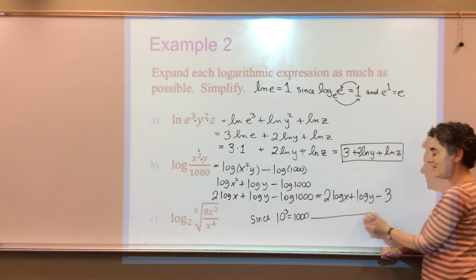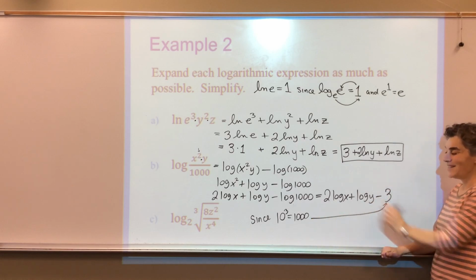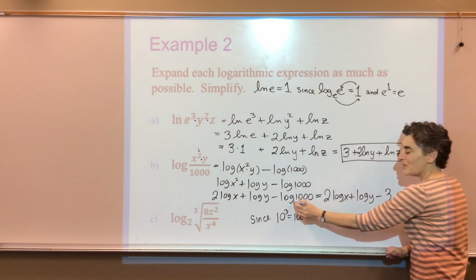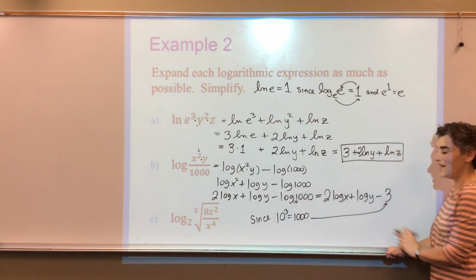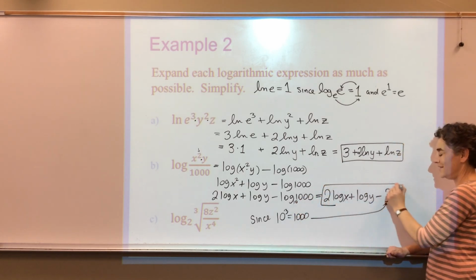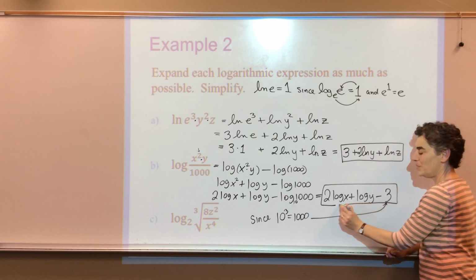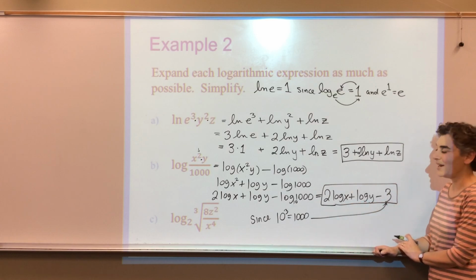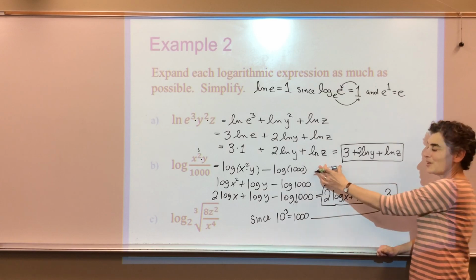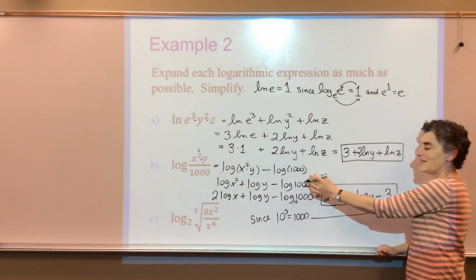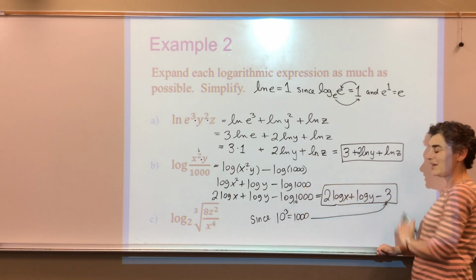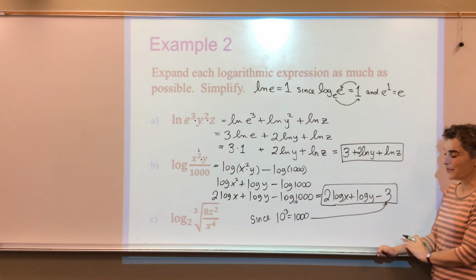And that's because the 10 to the third is 1,000. So that's how it relates. I'll put the base 10 back in there so you can see where the 10 got into it. Okay, so that's part B. All 3 rules in action there, starting with a quotient and a product, then a power, and then some simplifying by knowing what logarithm means.